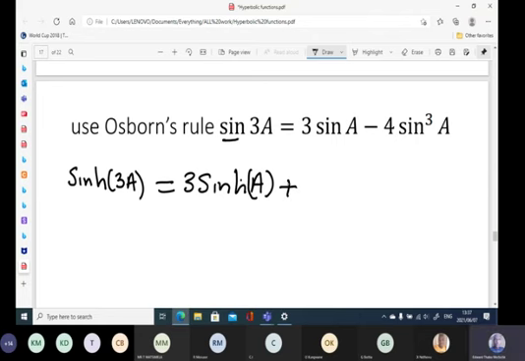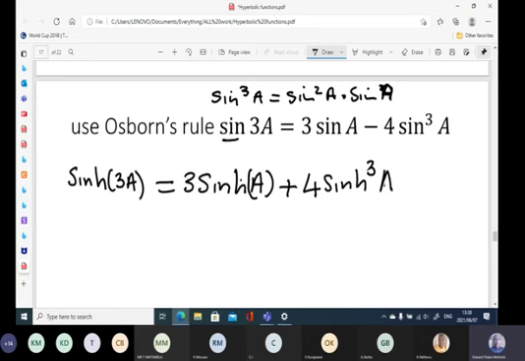The main reason I'm writing plus is because I have a product, because sine cubed A is the same as sine squared A multiplied by sine A, isn't it? So you can see that this is a product. I'm just trying to show you that. So you must effect a change in sign. So that's why I have plus 4 sinh cubed A, applying that rule. So that's the reason why I have a plus. Maybe that's what confused you.